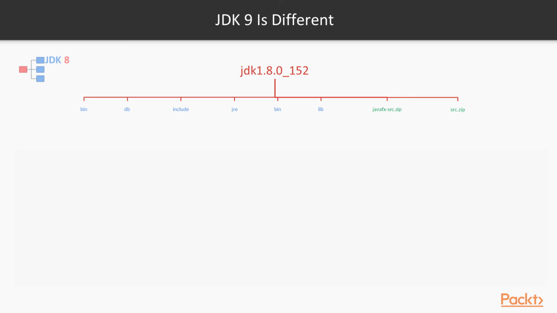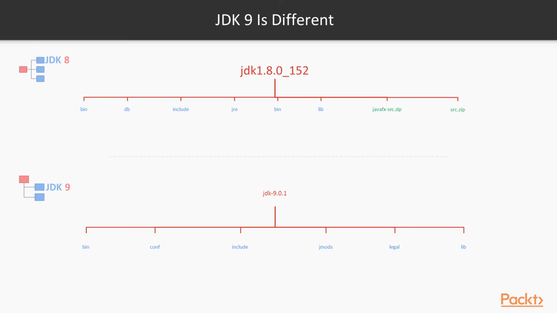We know what the JDK software folder contains. After installing JDK 8 software, we can see a couple of directories like bin, jre, lib, database, etc. and files like src.zip and javafx-src.zip in the Java home folder. However, in JDK 9 the folder structure has been changed a bit differently as shown below.